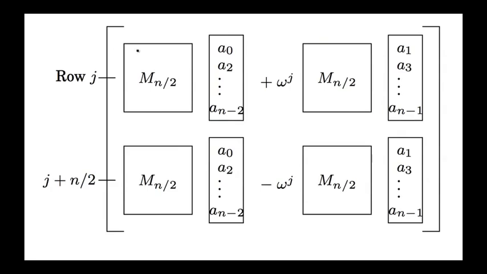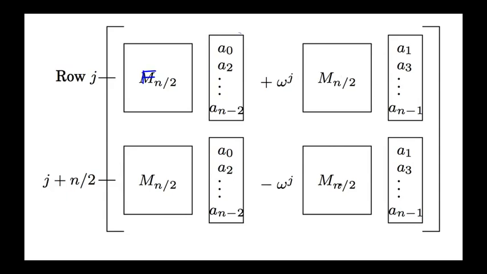We basically have our Fourier transforms of n over 2. Sorry, we changed notations in the middle. By this I mean just F sub n over 2, F sub n over 2, and now we are taking the evens here, odds here, and of course we must multiply the jth row by omega to the j and minus omega to the j.